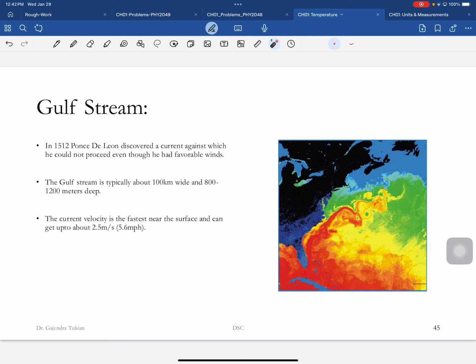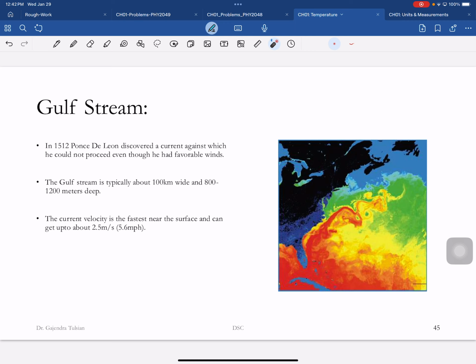So here's warm water flowing like this, and this is flowing like a river, except this is a huge river. The Gulf Stream is typically about 100 kilometers wide. 100 kilometers is roughly half the width of Florida. It's 100 kilometers wide and 1,000 meters deep, which is a kilometer deep.